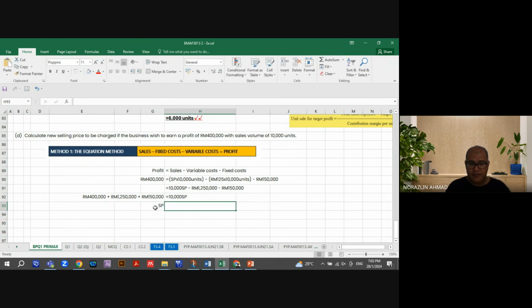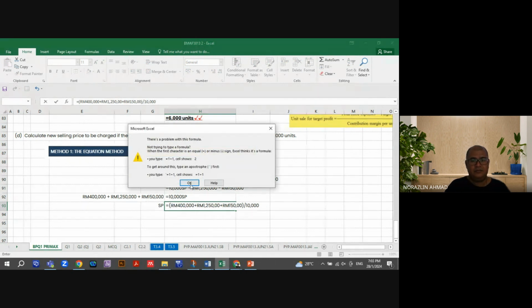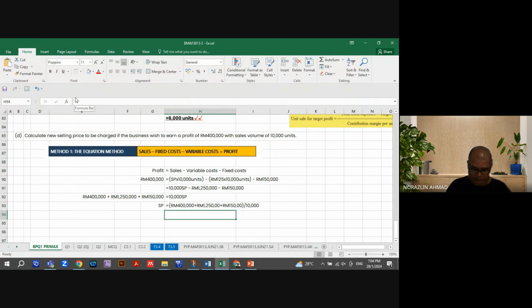So SP equals around 400 plus around 2, divided by 10,000. So SP is 550.